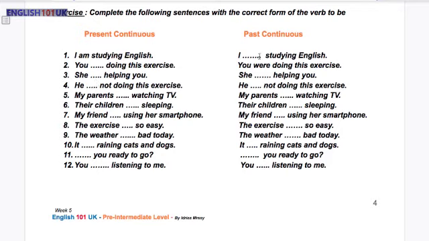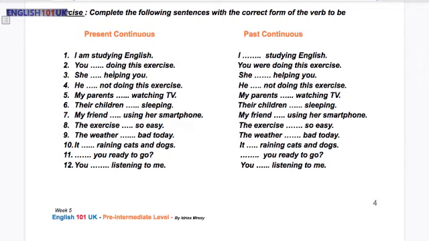For example, in present continuous we say, I am studying English. In past it says, I blank studying English. So you need to write the correct form of the verb to be, but in the past continuous.